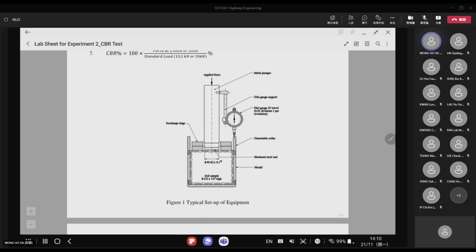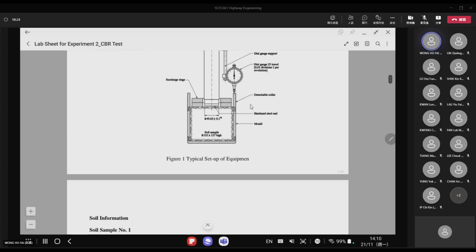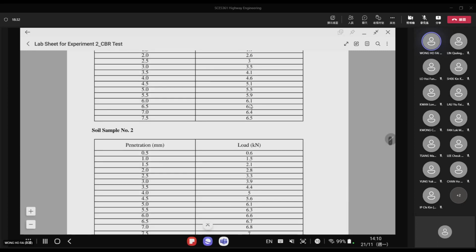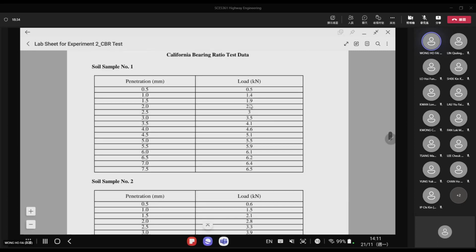But I have already put the results right here. We have 2 soil samples, one is number 1, the other one is number 2. The penetration and the load I have already given to you, okay?